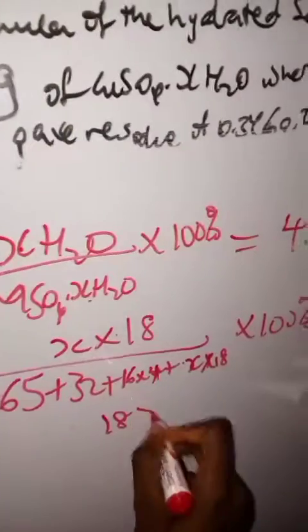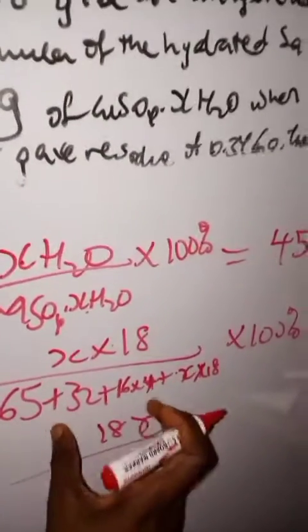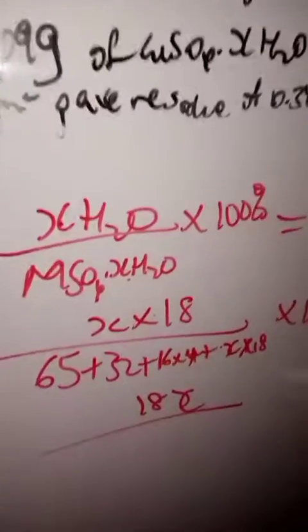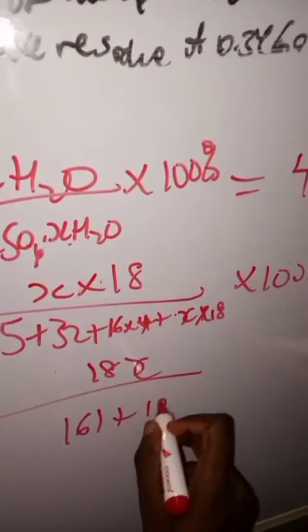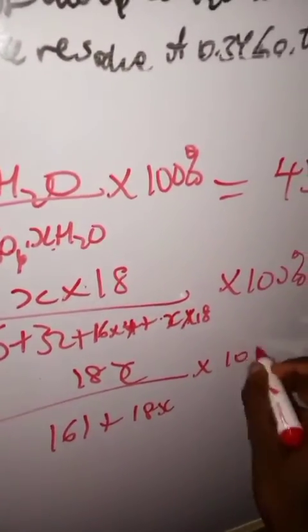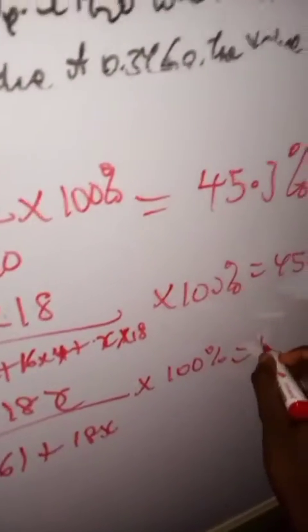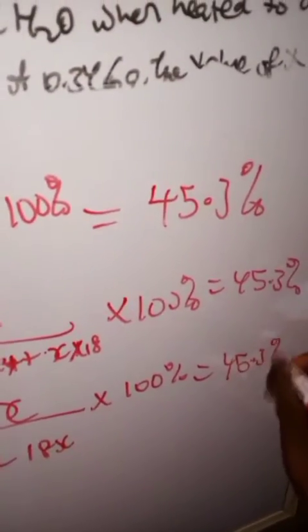So this is 18x over, try to add this up. So this is 161 plus 18x, times 100% equals 45.3%.